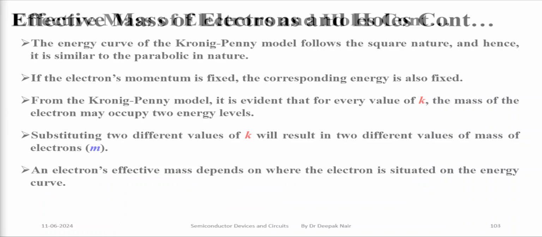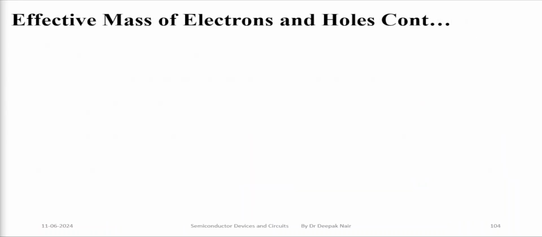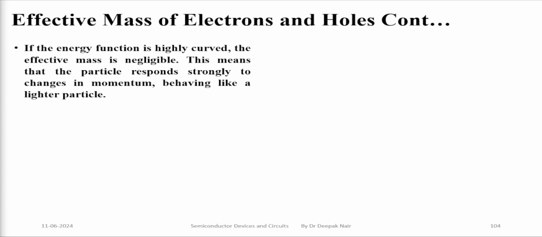Now, from this we can say if the energy function is highly curved, something like this, then the effective mass is almost negligible. This means that the particle responds strongly to the change in momentum, behaving like a lighter particle.